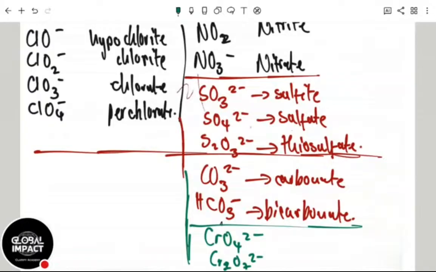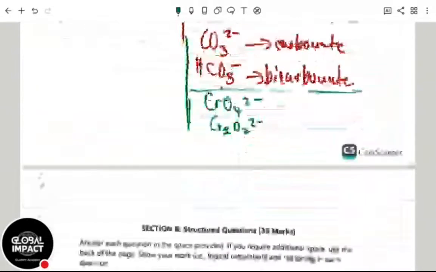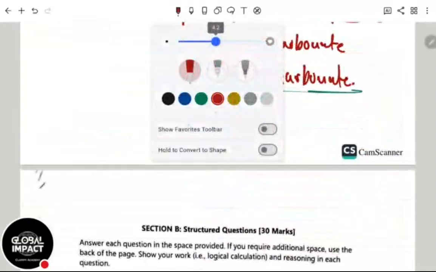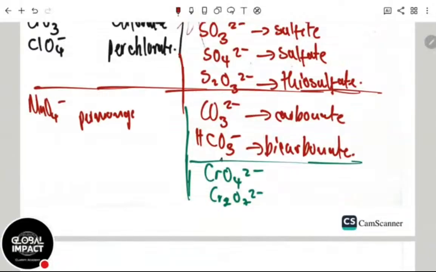Right now, what are we going to do here? What haven't we done? 1, 2, 3, 4, 5. Okay, we need 2 more. Here we know the permanganate. It's going to be MnO4 minus. This is the permanganate.